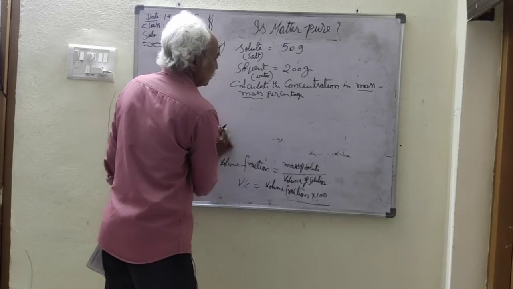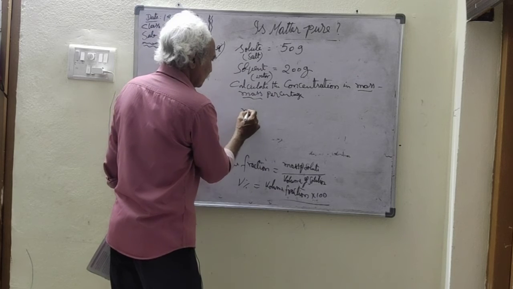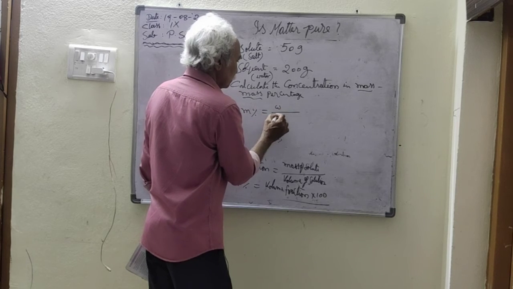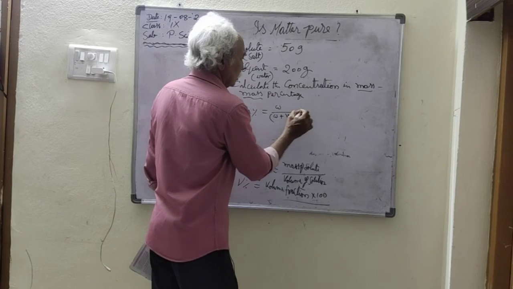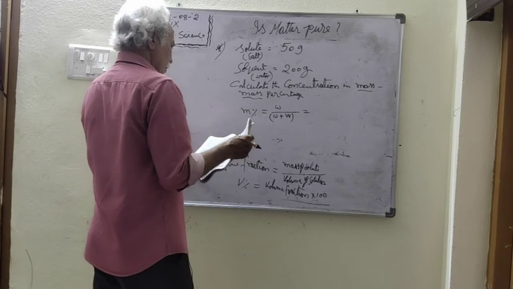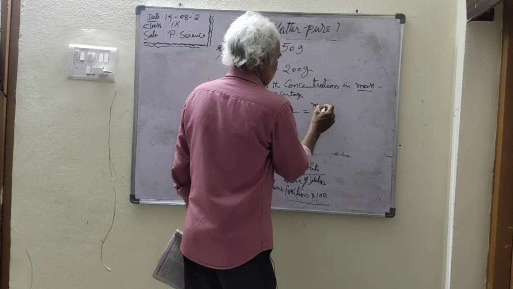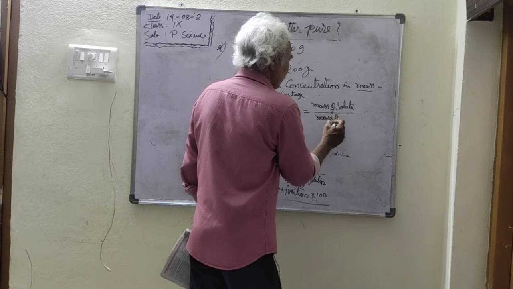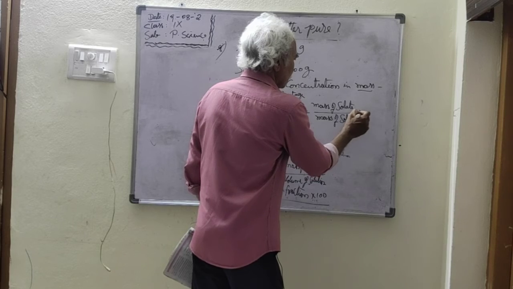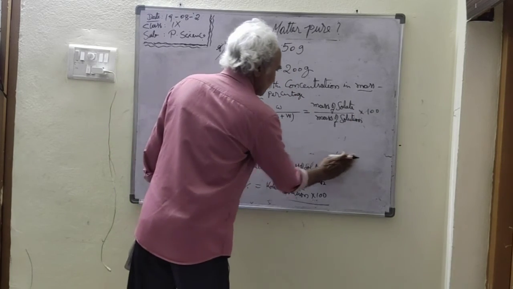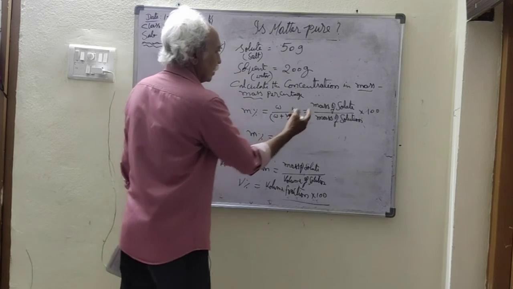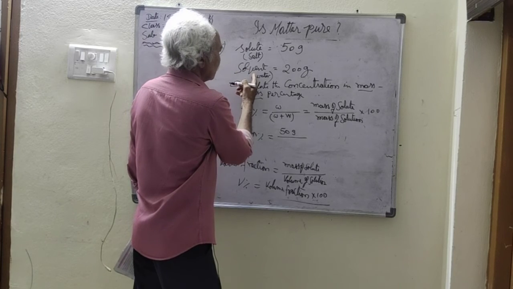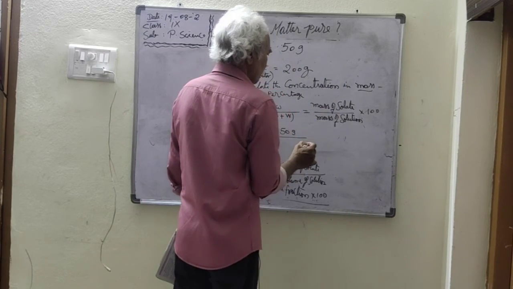As we said, mass percentage is equal to mass of solute by mass of solute plus mass of solvent, that is, mass of solution, into 100.